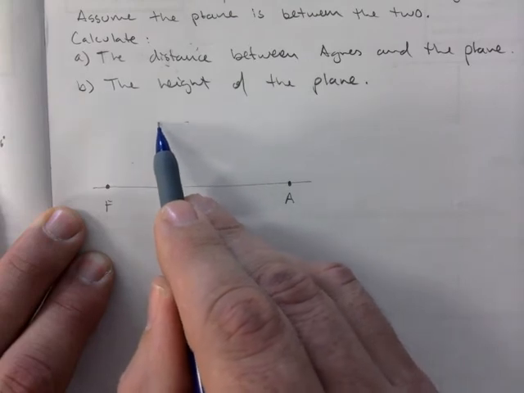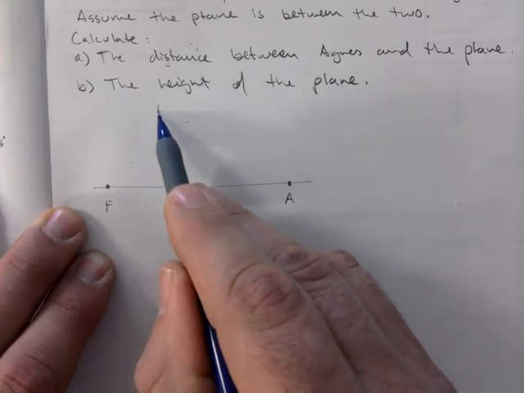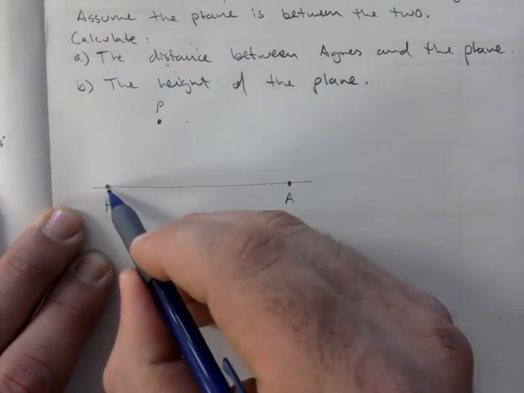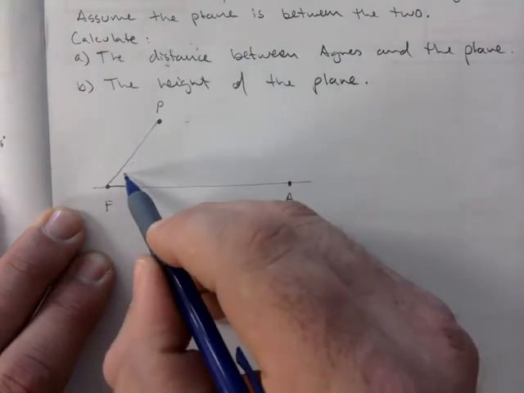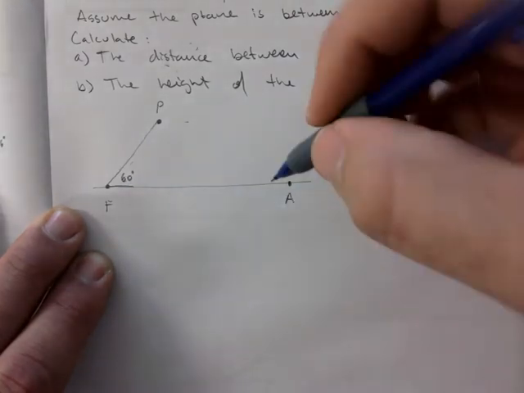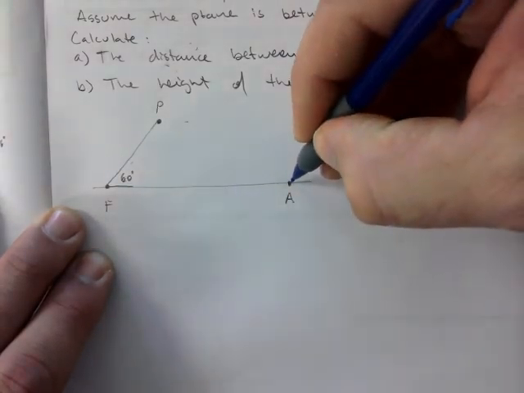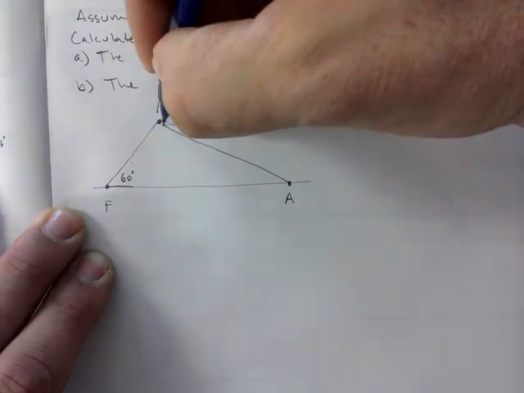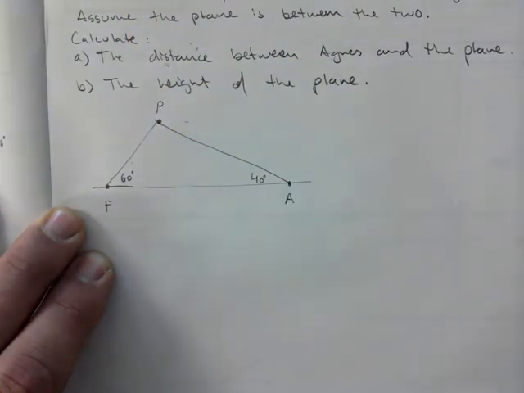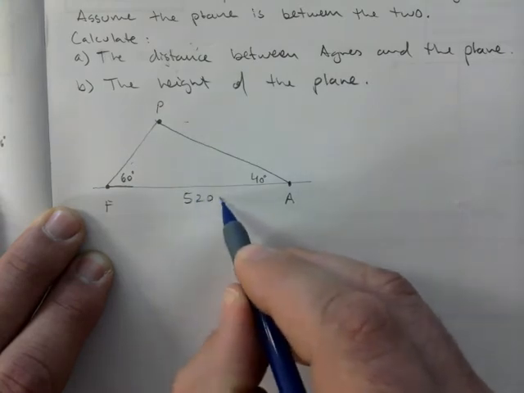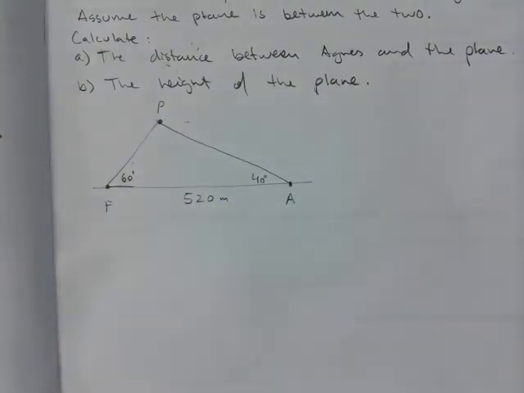So the plane is probably somewhere in here. The angle of elevation is between the horizontal and the line looking up, so that's your 60 there. Agnes is probably further away because there's a smaller angle of elevation, so this is 40 here. And we know the distance between them is 520 meters.